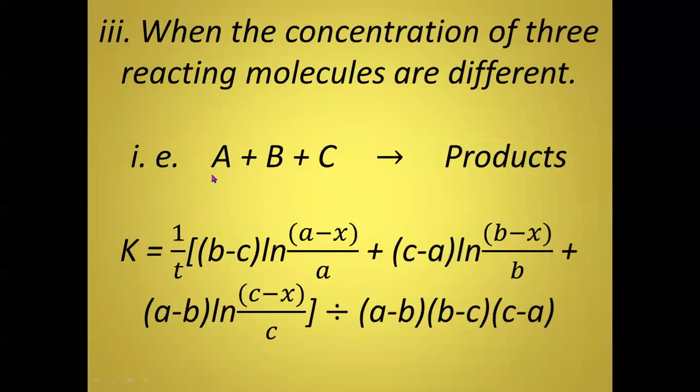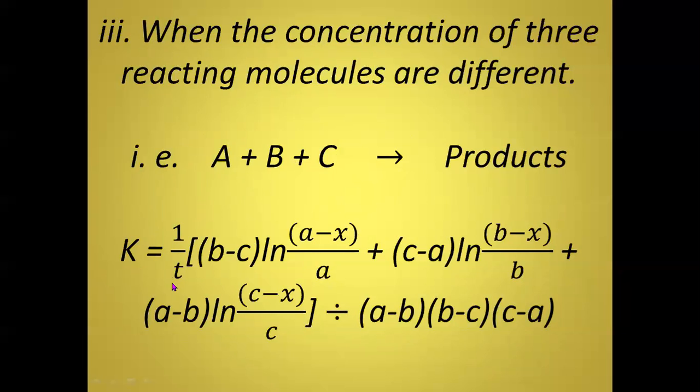Again, we write the rate equation, in which rate is equal to the change in concentration with respect to time. Then after integrating, we get a complicated equation for K, the rate constant for third order, in which 3 different reactants are involved.